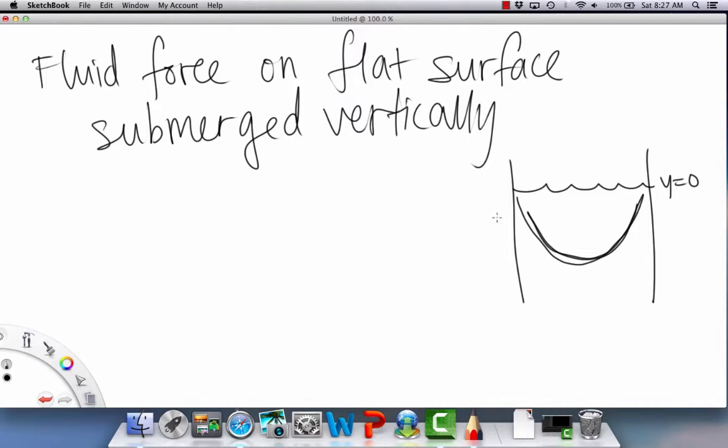Basically, what we're going to be doing here, I'm just going to give you the formula for the force exerted on this object that is in a parabolic shape. So I'm going to take a certain point and evaluate the pressure or the fluid force at that point, or at that level, okay? I'm drawing a rectangle so you guys can get the concept.